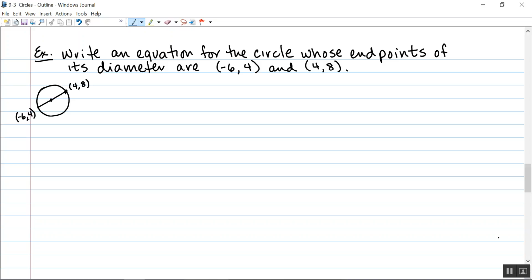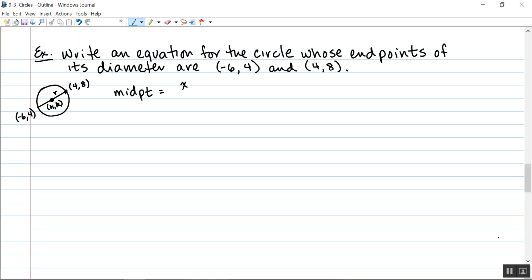What I need to know is the coordinates of the center and the length of the radius. So I need to know my h, k and my r. Here we're going to go back to the first section in this chapter, and we have to use distance and midpoint. The midpoint of that diameter is going to give me my center.